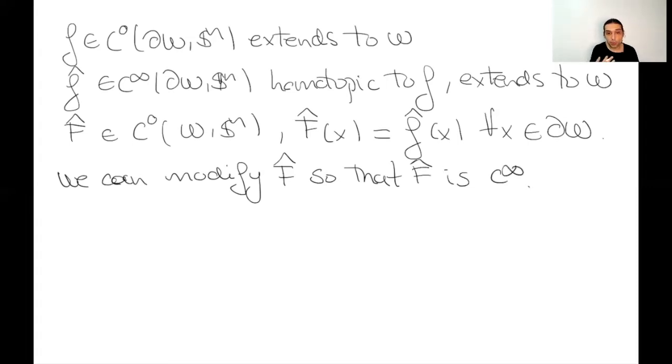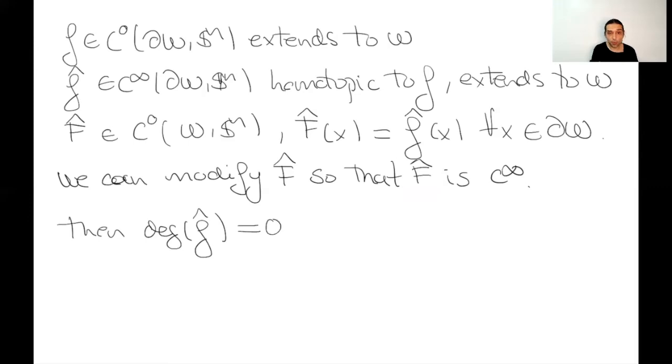And when we get to this point, then now we can use that small f hat is a C-infinity map from the boundary of W to Sn that extends to a C-infinity map of the whole W. But this setting implies that the degree of small f hat is equal to 0.